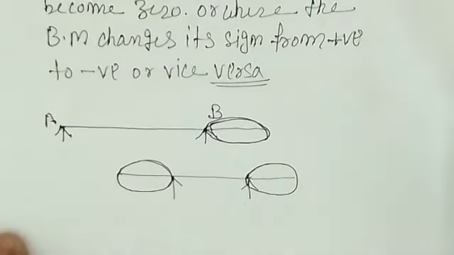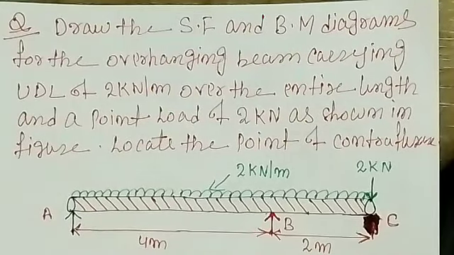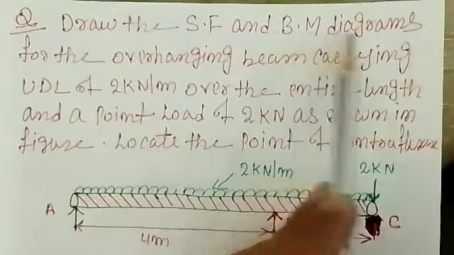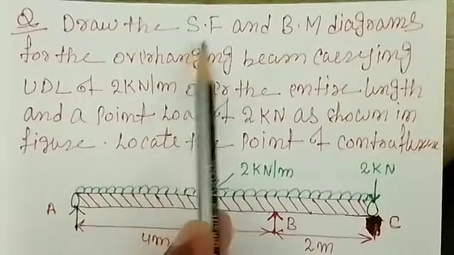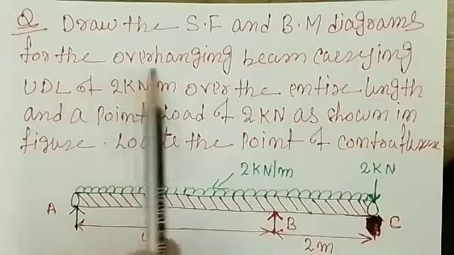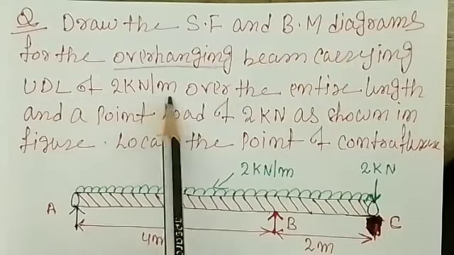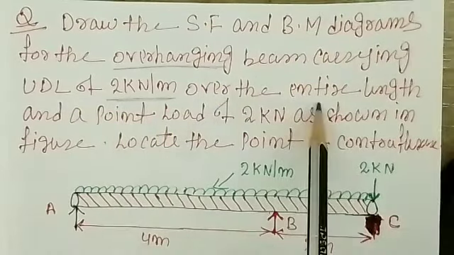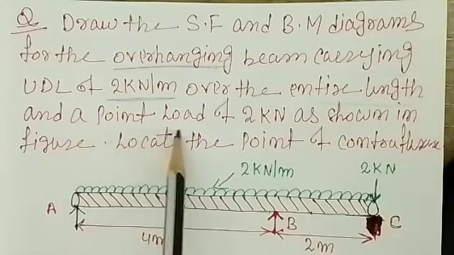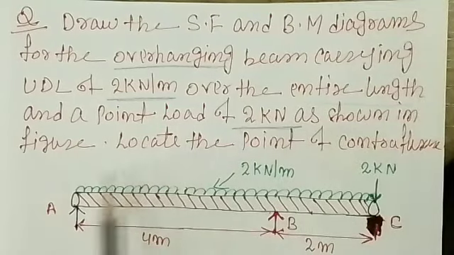We have one problem given, and the problem is on the screen, right? Draw the SF and BM diagrams, that is the shear force and bending moment diagrams, for the overhanging beam carrying a UDL of 2 kilonewton per meter over the entire length and a point load of 2 kilonewton, as shown in the figure.